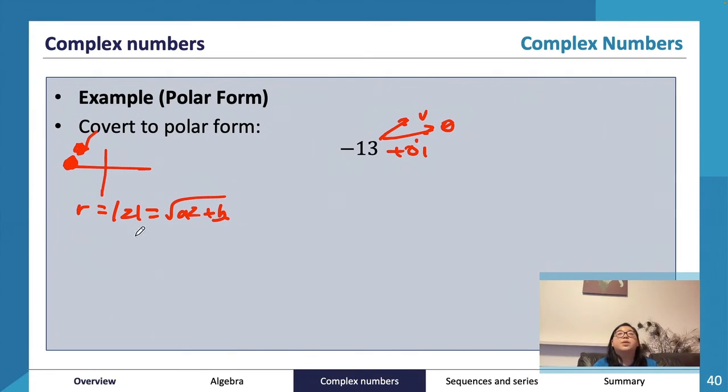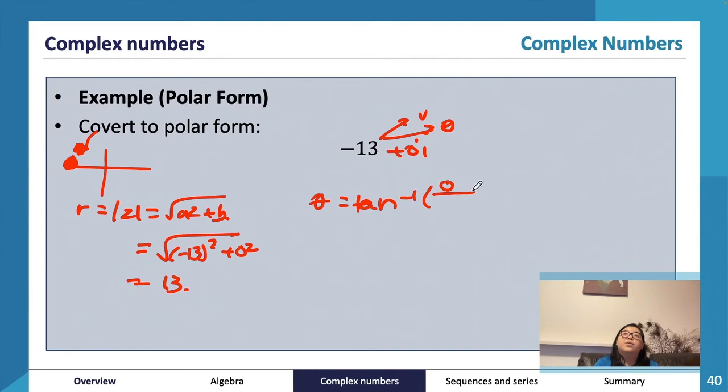Okay, so therefore we can write this as root negative 13 squared plus 0 squared. So it's just going to be 13. And then we can talk about theta. So theta is tan inverse of 0 over negative 13, so that's going to be tan inverse of 0.